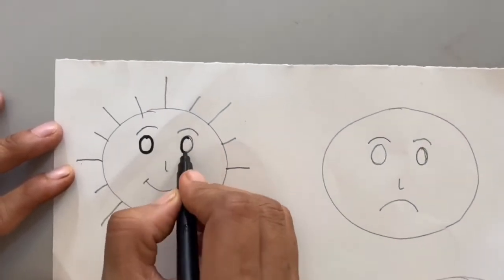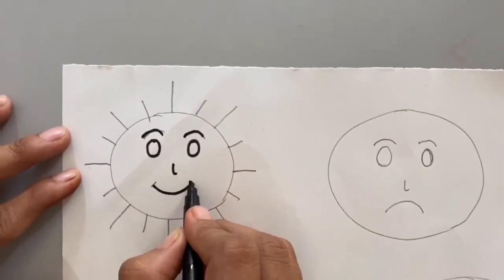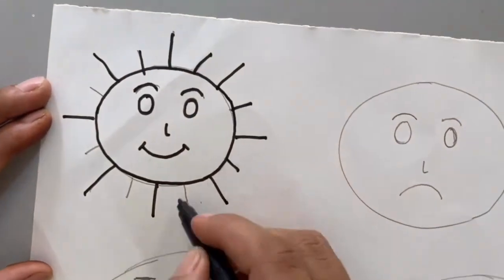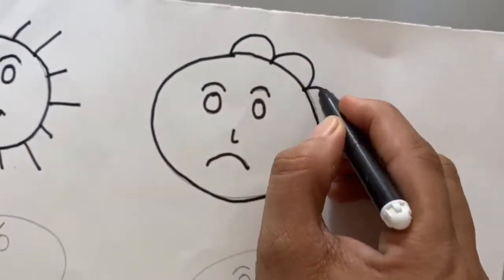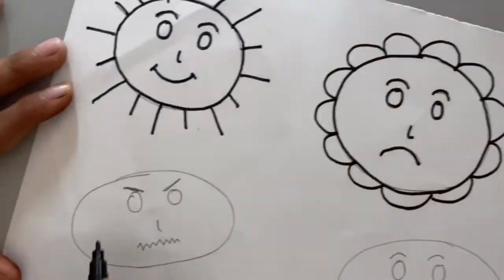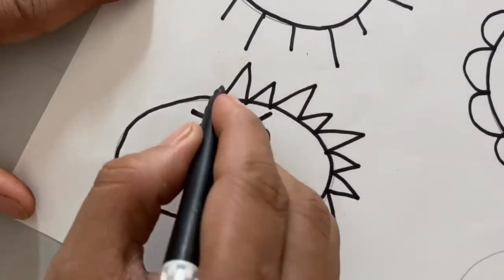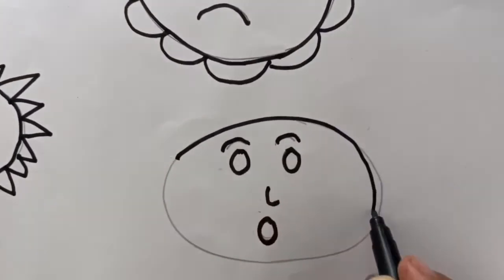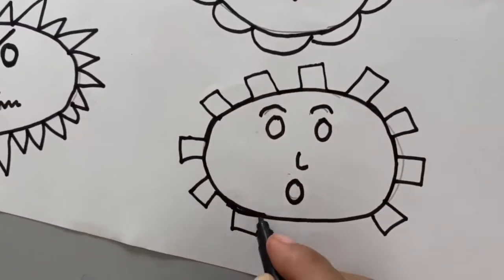Use black sketch pen to darken drawing. Our drawing is ready.